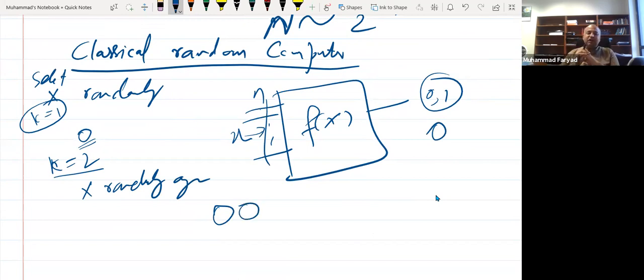Now I can start formulating my answer in probabilistic terms. At this stage, when I get a second 0, I can say with 50% confidence, with a probability of half, that this is probably not a balanced function, because when I got this first 0 over here, I couldn't say anything, because it could be balanced or constant.